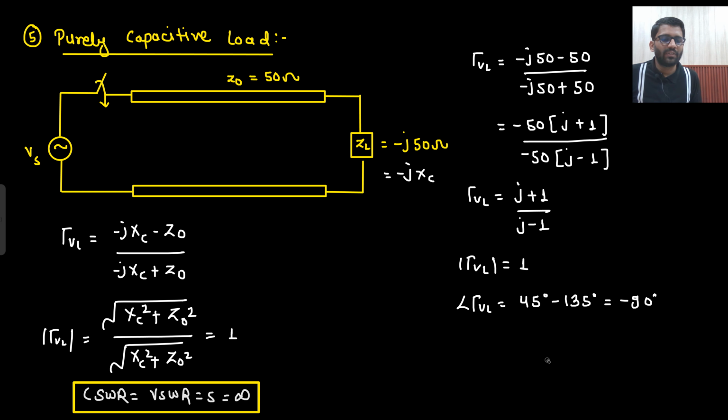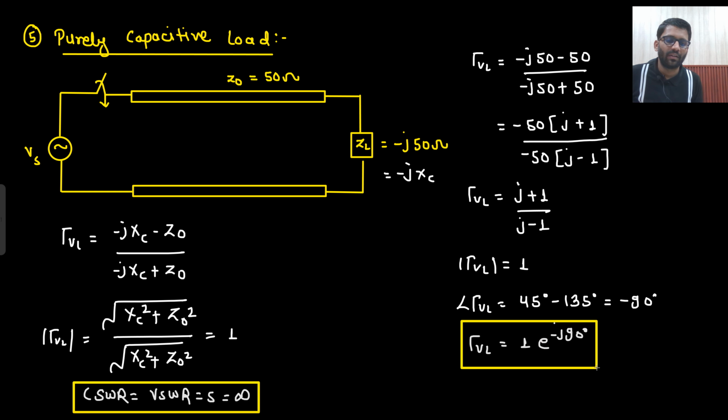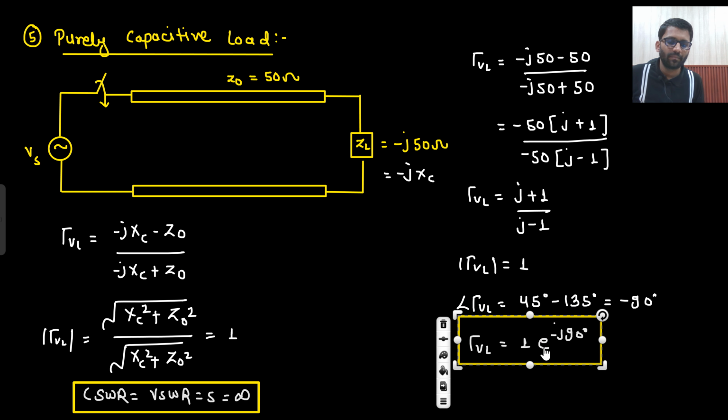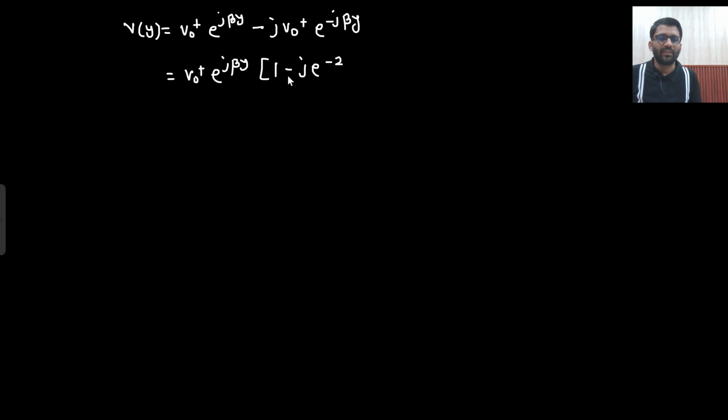Like you might be getting confused that how did I write it as minus J, because minus 90 degree is minus J only, or you could have written gamma VL is equals to magnitude is 1 and angle is minus 90 degree. Okay, in that manner you could have written. So if you solve this, you will get minus j only. So here let's write it in this manner only.